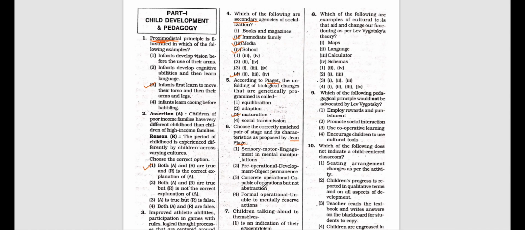Which one is the correct match here? Sensory motor, engagement in mental manipulations; pre-operational, development of object permanence; concrete operational, capable of operations but not abstractions; formal operational, unable to mentally reverse action. So please choose your answer.